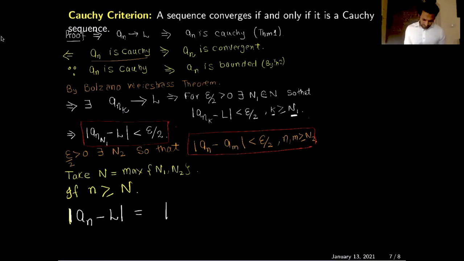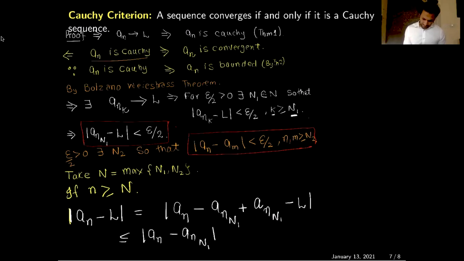So I'm going to do some manipulation. I add a_{n_{n1}}, and since I add it, I also have to subtract it, and then we have minus L. I will use the triangle inequality to get the term |a_n - a_{n_{n1}}| plus |a_{n_{n1}} - L|.